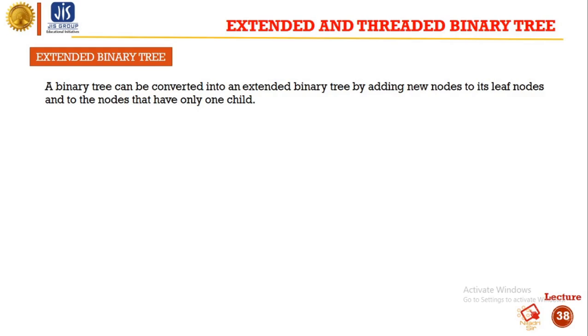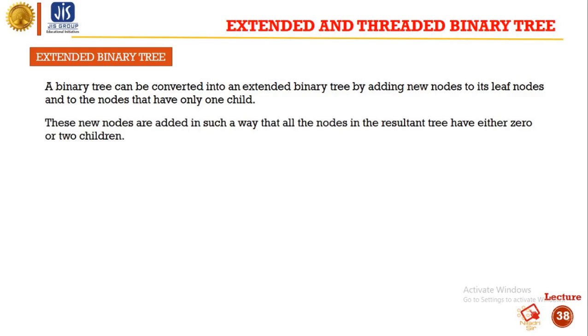Then it is called an extended binary tree. These new nodes are added in such a way that all the nodes in the resultant tree have either 0 or 2 children.